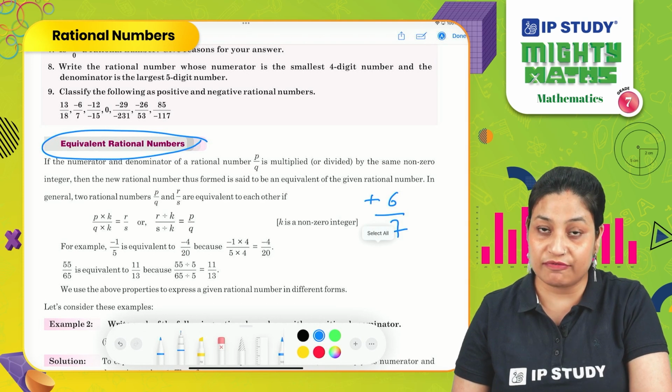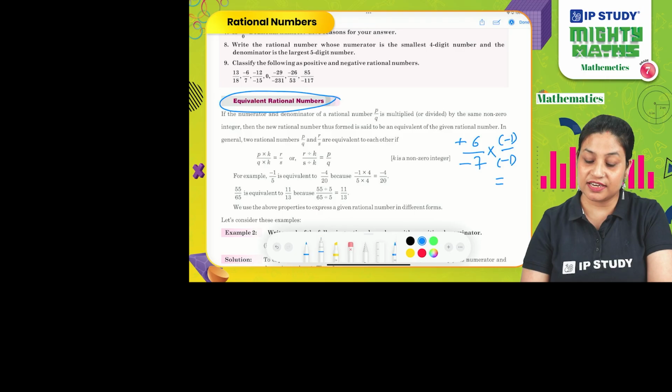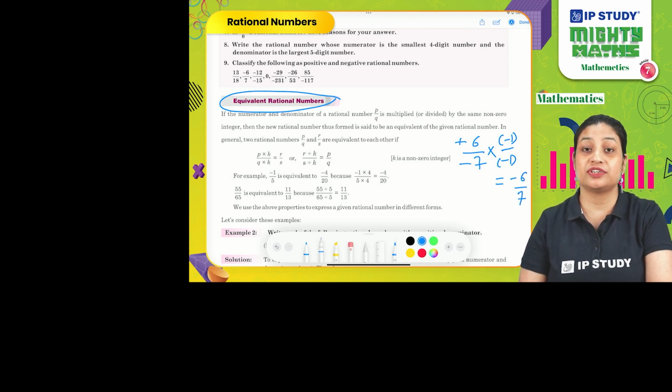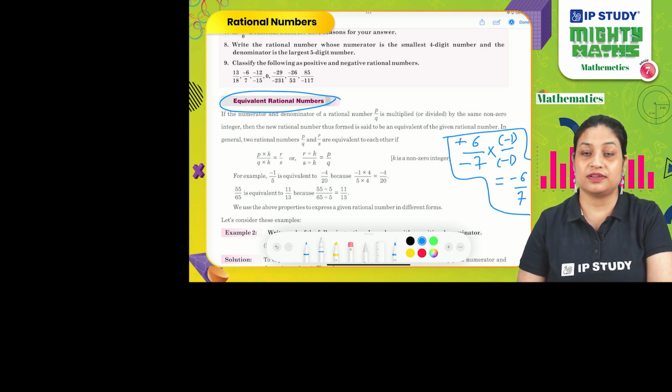For that, you have to multiply numerator and denominator by minus 1, so that the negative sign from the denominator gets shifted to the numerator. So this is your standard negative rational number. I hope you will remember this while dealing with negative rational numbers, right?